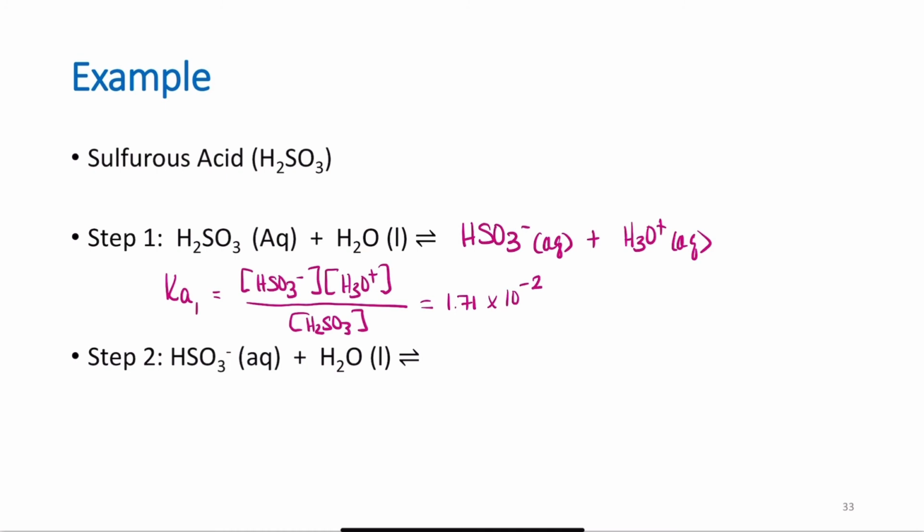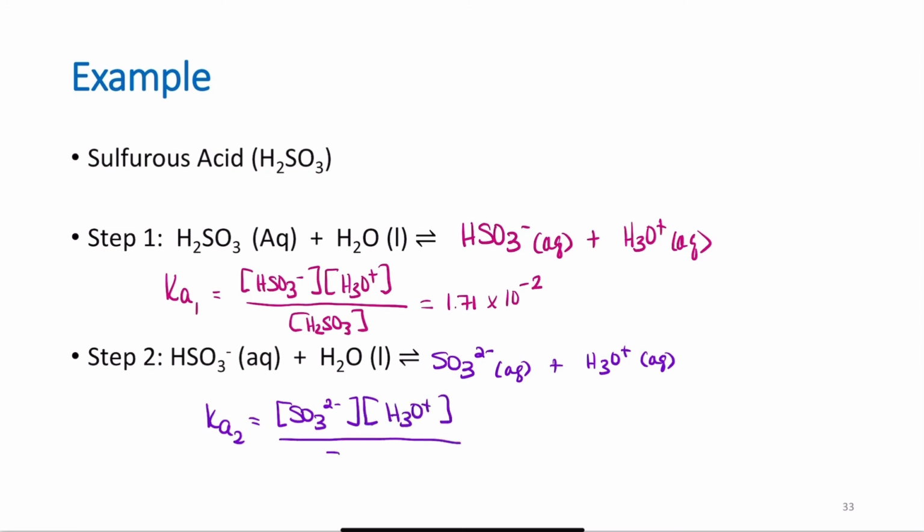Now, step 2, HSO3 minus can lose a second proton, forming SO3 2 minus and H3O plus. For Ka2, we've got our SO3 2 minus concentration times our H3O plus concentration divided by HSO3 minus.